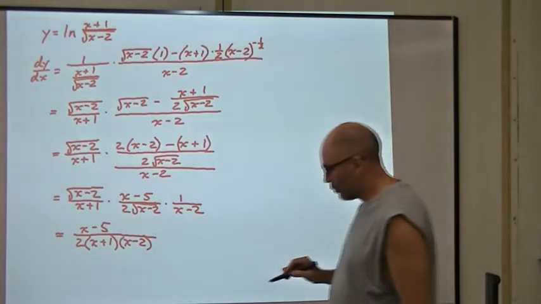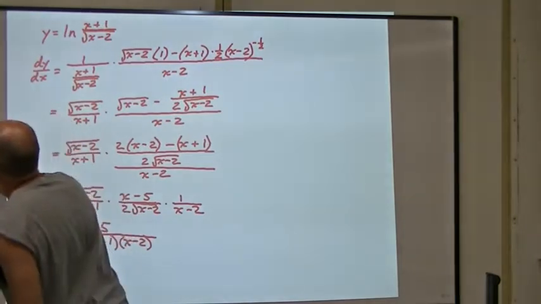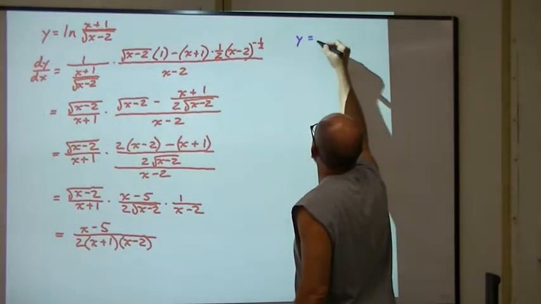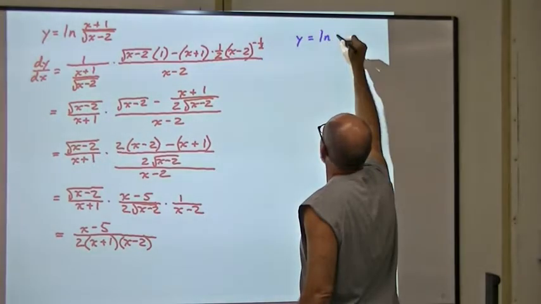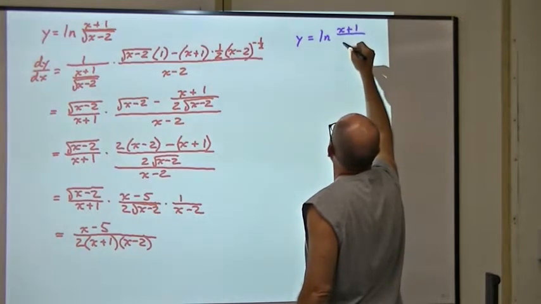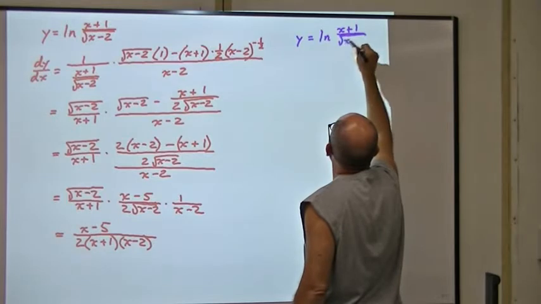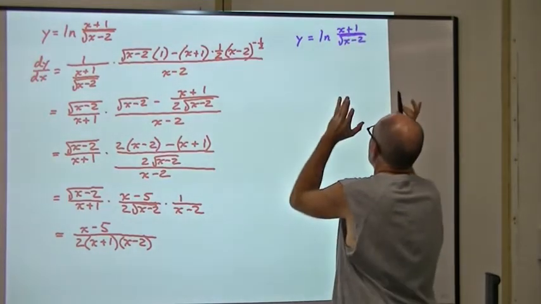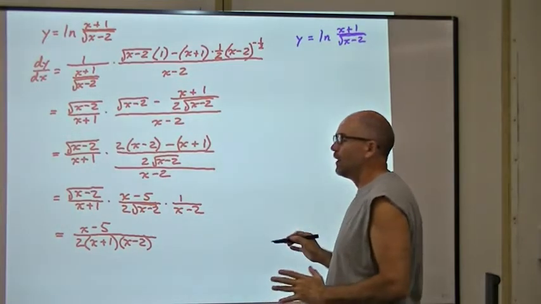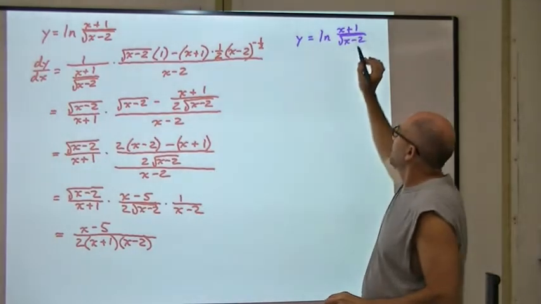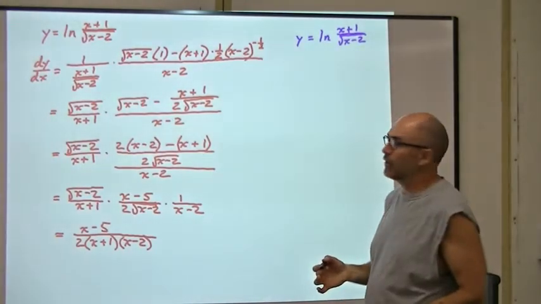Let's take this original function, y equals natural log of x plus 1 over the square root of x minus 2. Now, instead of just simply going for it on the derivative, what we're going to do is simplify the log before we take the derivative.